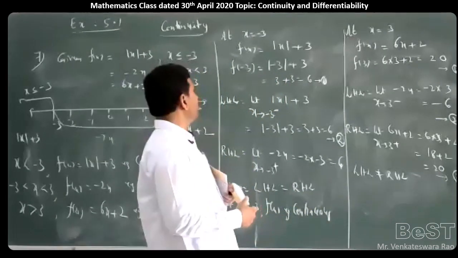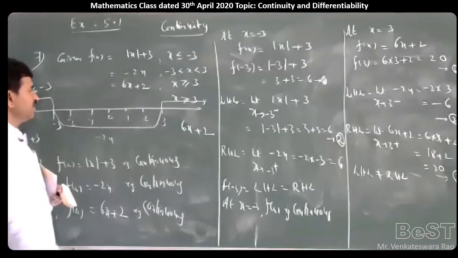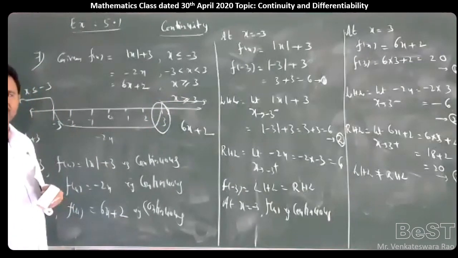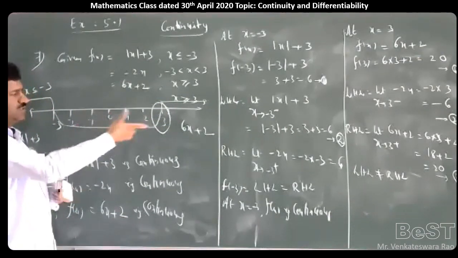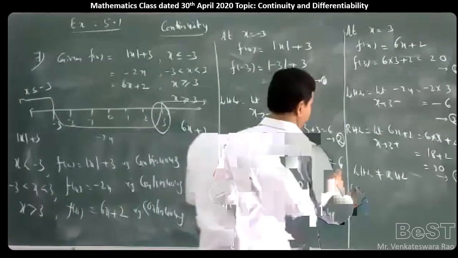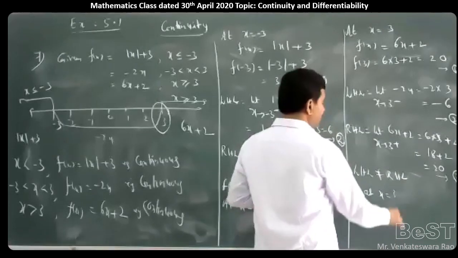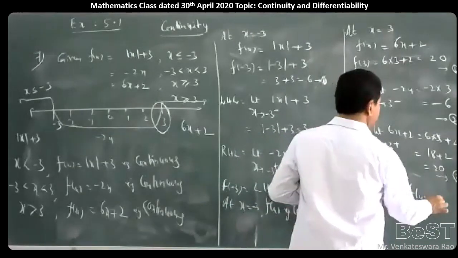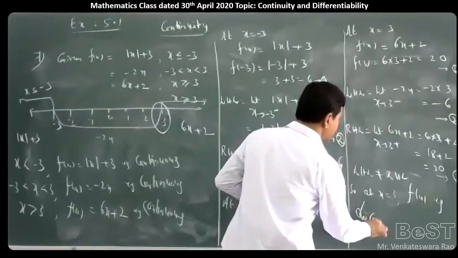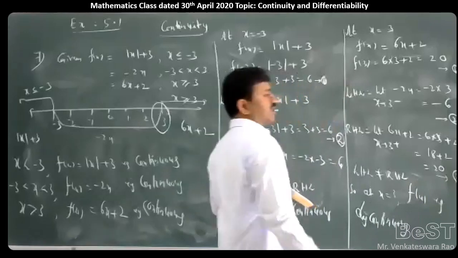So what is the point of discontinuity for this total problem? Only 3. That's all. So at x is equal to 3, f of x is discontinuous.